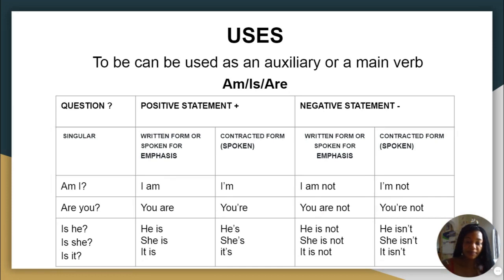He's. She's. It's. He is not. She is not. It is not. He isn't. She isn't. It isn't.